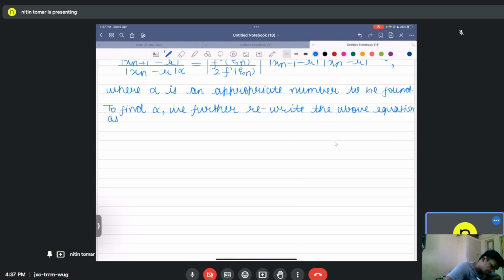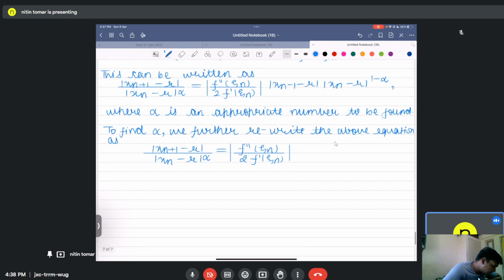The left hand side is as it is, and then |x_n - r| by |x_{n-1} - r|^alpha, whole power beta.